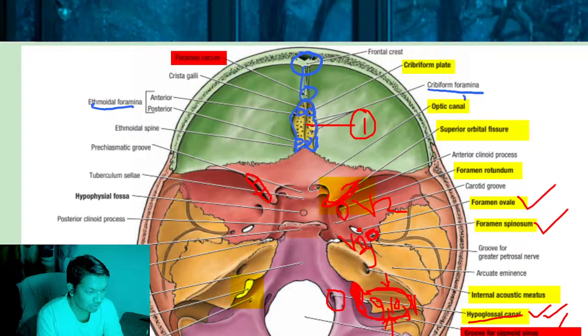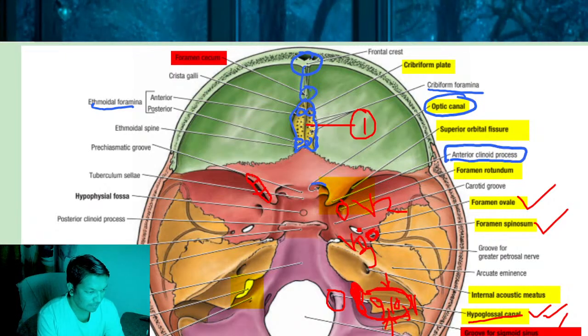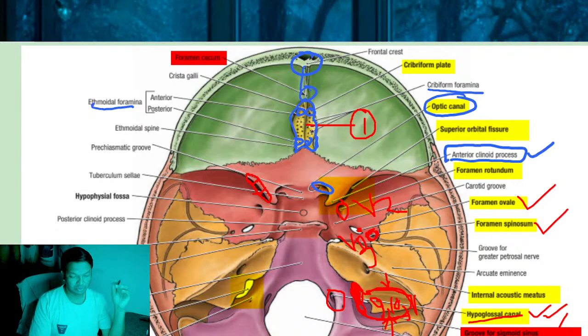This is the optic canal. Very important. Just behind the optic canal we have a process, the anterior clinoid process. It is important when we study the sella turcica or pituitary fossa or pituitary gland, because this structure comes in relation.